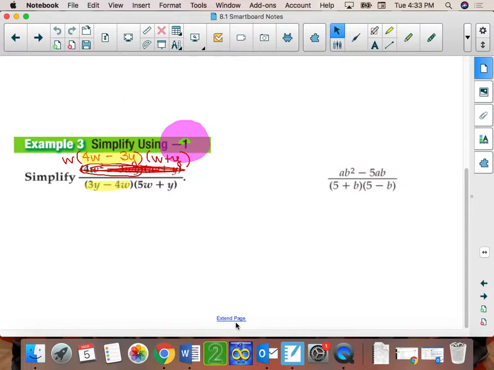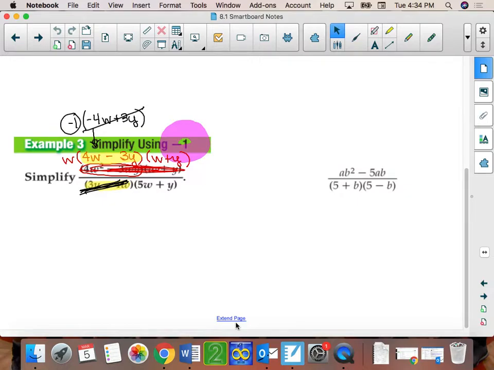So what that means is these would cancel if I took out a -1 from right here. So if I took out a -1, this would be a -4w and a positive 3y, which is what I have right down here, right? This is a positive 3y right here, and then I have a -4w right here. And so those will cancel. So I'm going to go ahead and mark those out.